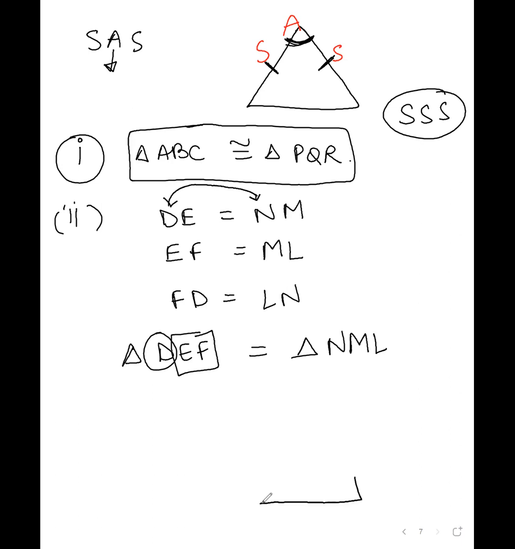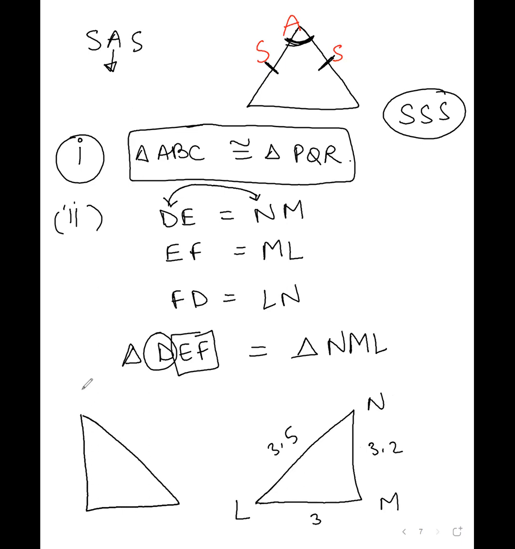Why didn't we do FD? Let me show you. The triangle on the right, triangle NML, rotate it like this and it will be like this. And your other triangle, which is DEF, looks like this. Now tell triangle NML.